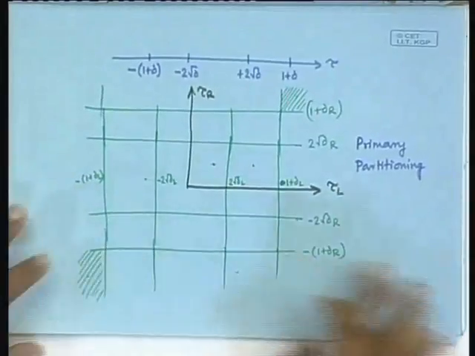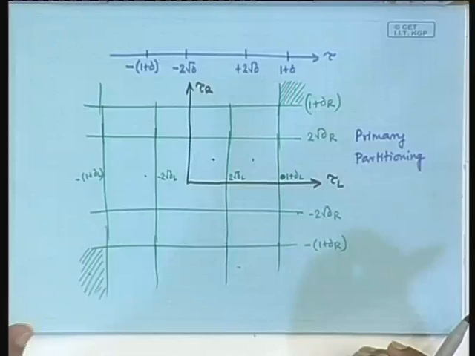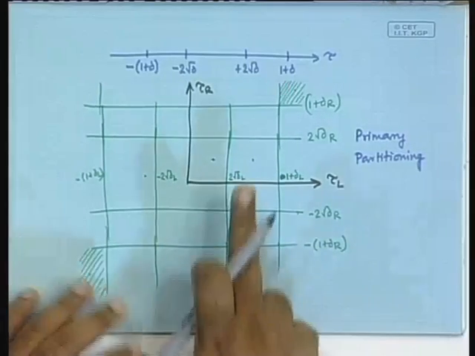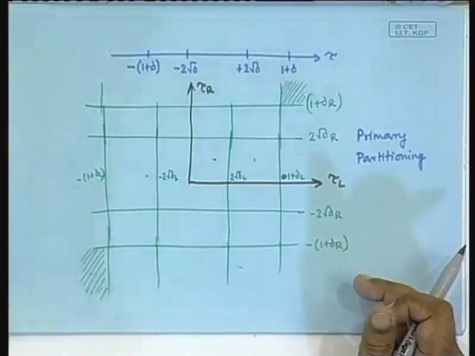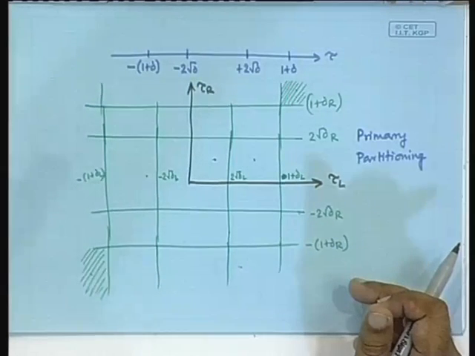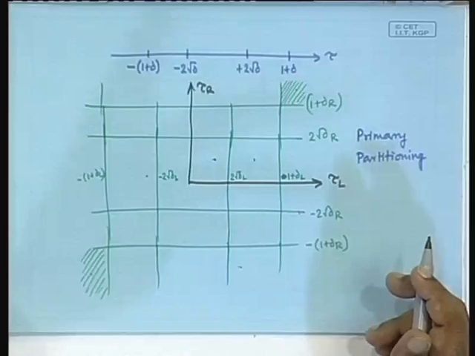While in this case there is a possibility that both could be unstable. Could both be stable? No, that is not possible, because you have taken tau L to be greater than 1 plus delta L, that is where you have doomed it. One is definitely unstable, but the other, yes, that could also be unstable.